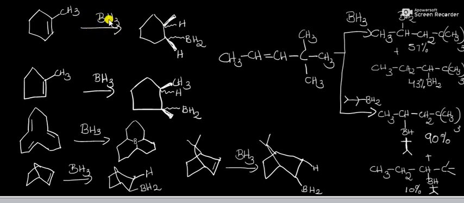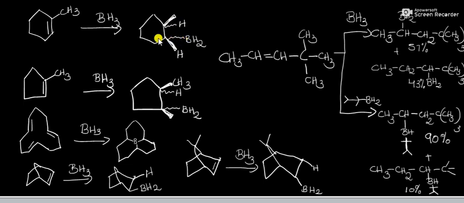So it will add either through the upper face or through the lower face. If the CH3 group is on the upper face, then BH3 addition will be through the lower face. If the CH3 group is on the lower face, then BH3 addition will be through the upper face.